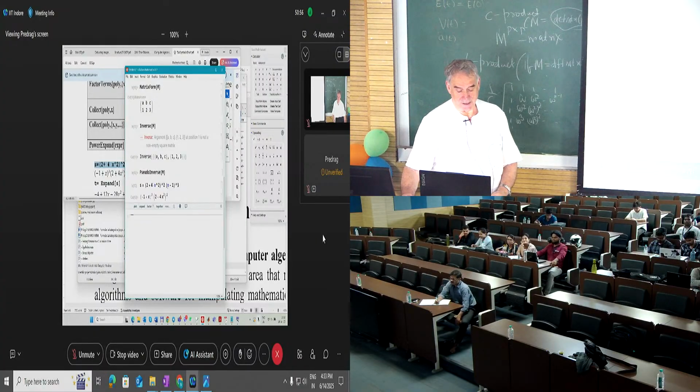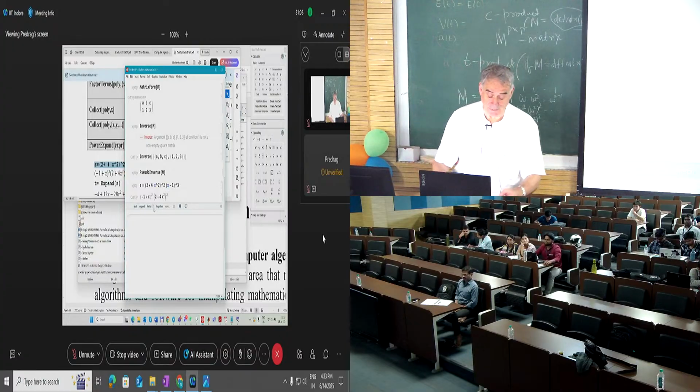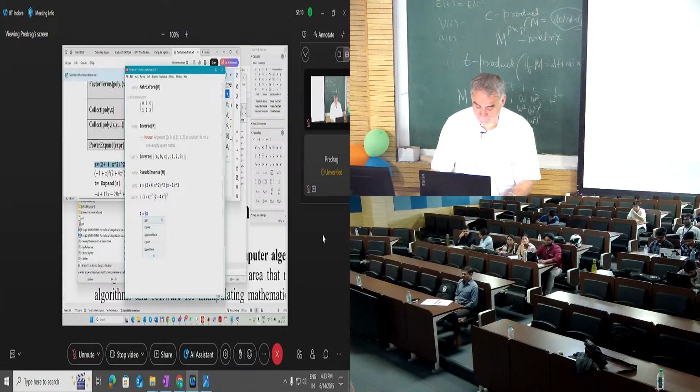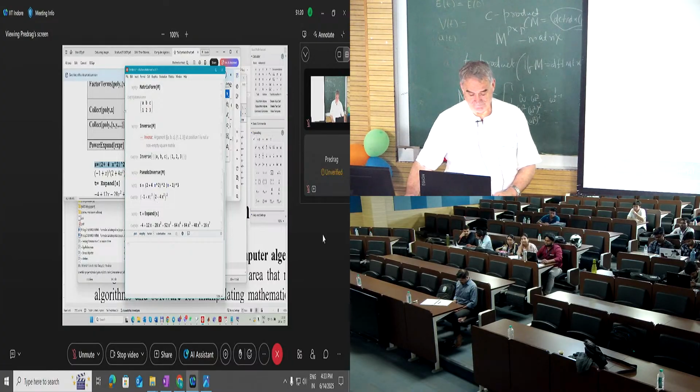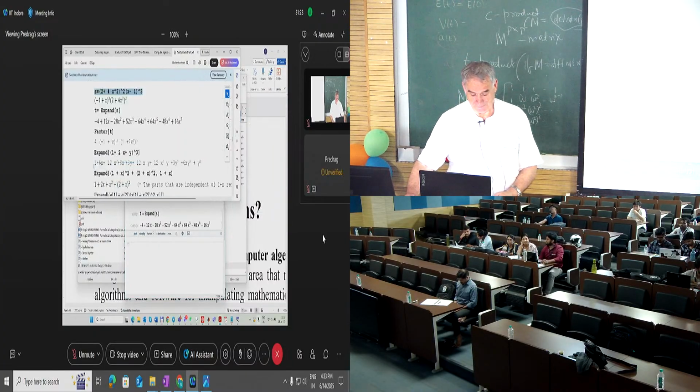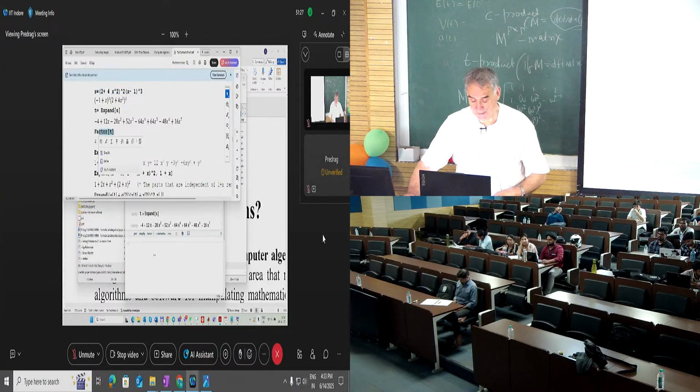What Mathematica did was only organize the factors in a different way. We must ask Mathematica to expand. We must ask Mathematica to do the opposite.